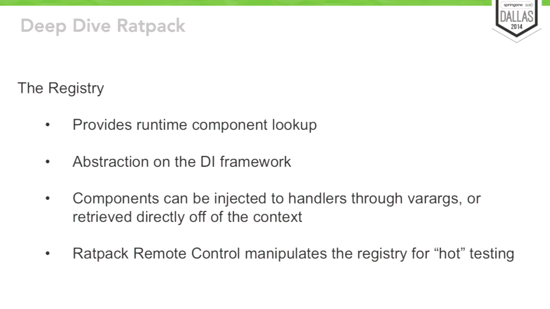In Ratpack's sense, the registry is effectively the mechanism by which you should retrieve components, in favor of, I would say, going directly to the underlying DI framework. Because we support Juice right out of the gates, we also support Juice modules.